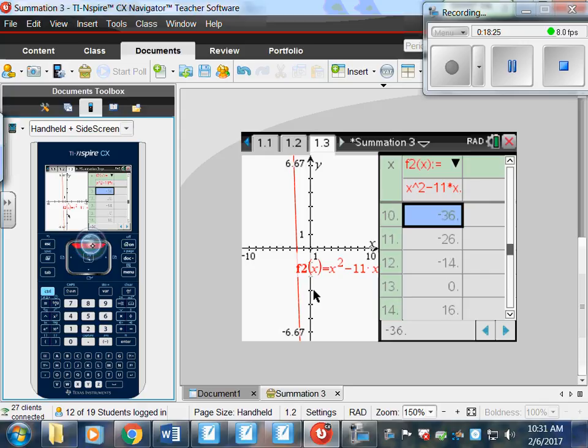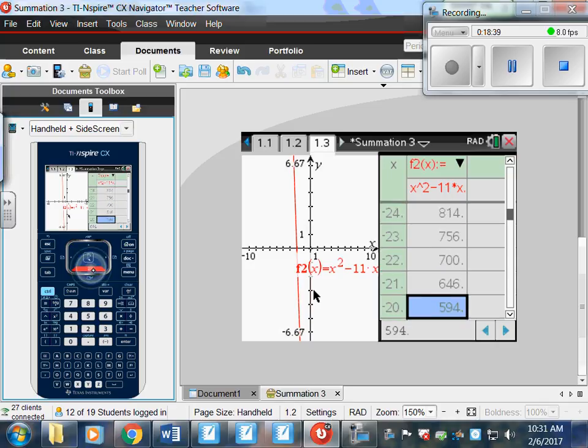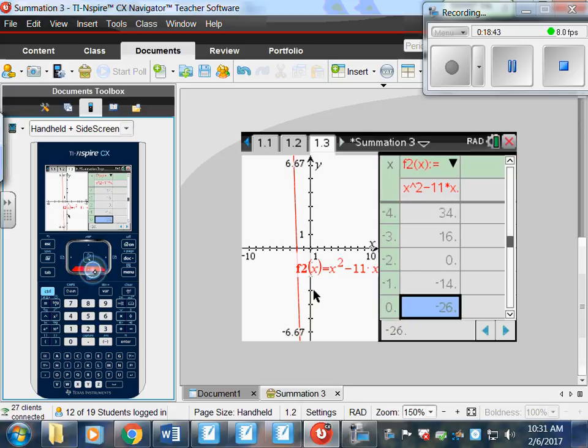I'm sorry, it takes so long because I can't do it faster than this using my mouse. I'm looking for when x is 0, so I passed it. And it is right there, 0, -26.